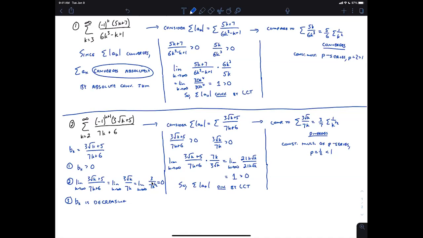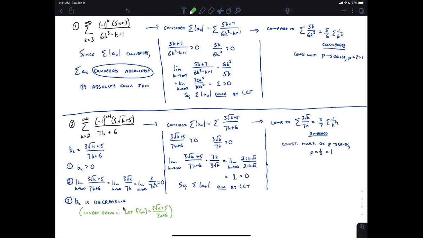Here, probably the best call is to let f of x equal 3 square root of x plus 5 over 7x plus 6, take the derivative of that and prove that it's negative. If the derivative is negative, that means the slope is negative, so this is in fact decreasing.